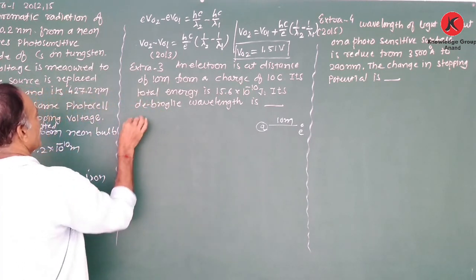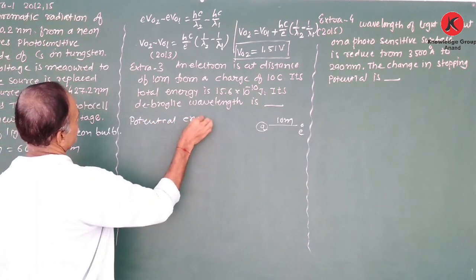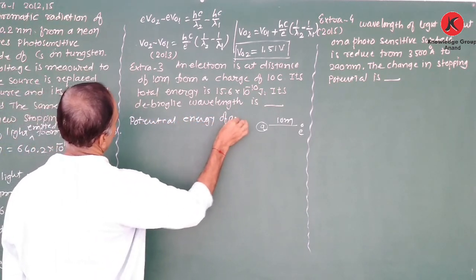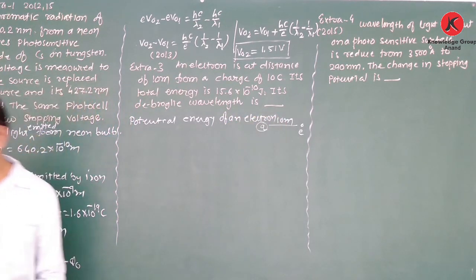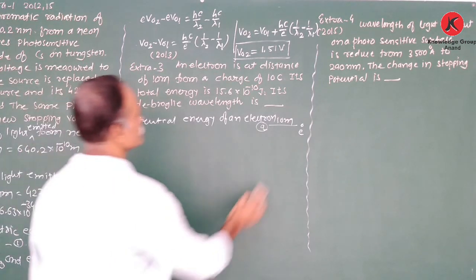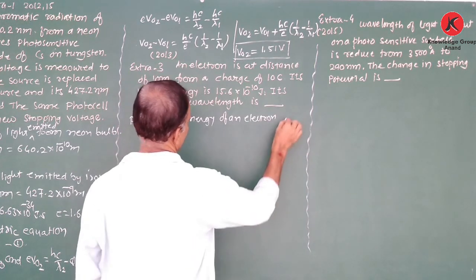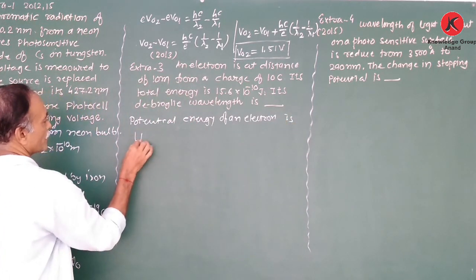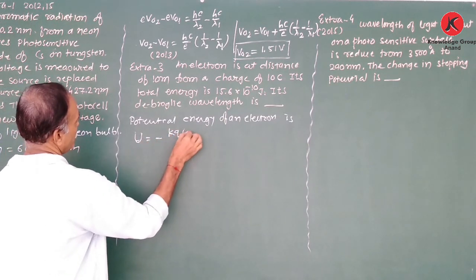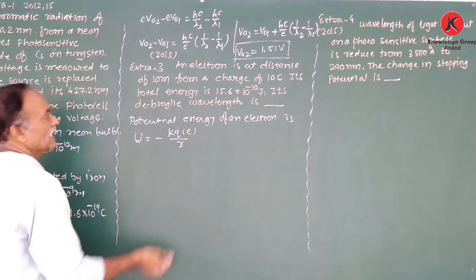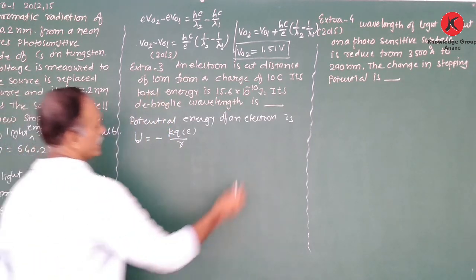Therefore, the potential energy of an electron is U equal to minus kQe upon r. r is 10 meter, Q is 10 coulomb, and e is the charge of an electron.